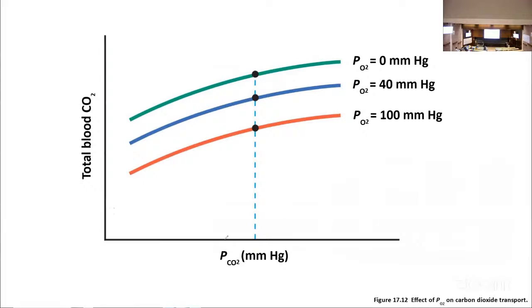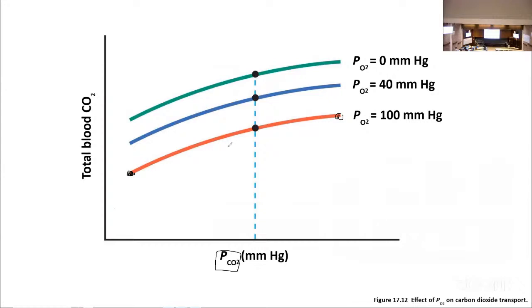Okay, so for any partial pressure of carbon dioxide, if you have less carbon dioxide, there's less carbon dioxide in your blood. If you have more carbon dioxide, there's more carbon dioxide in your blood. That's pretty straightforward. And we don't have a weird integral-shaped curve like we did for hemoglobin and oxygen. The other thing we can notice here is that we have a family of curves, like we did in A&P1 for some of our heart stuff.